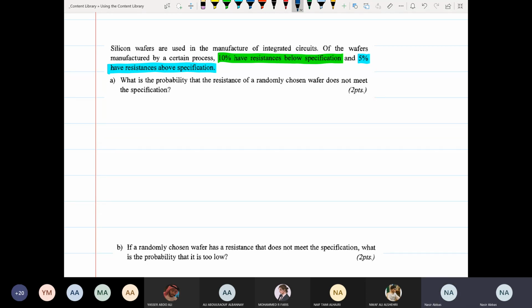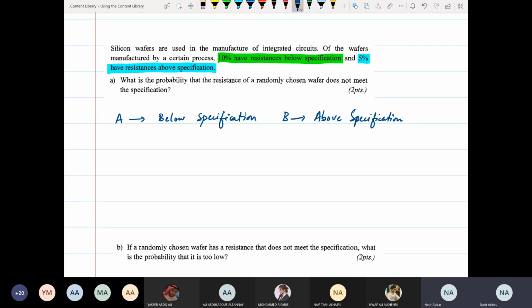So I'm going to define events, let us say A, that the resistance is below specification, and B as the resistance is above specification. Now the sum of these two is not 1. Who can tell me why?